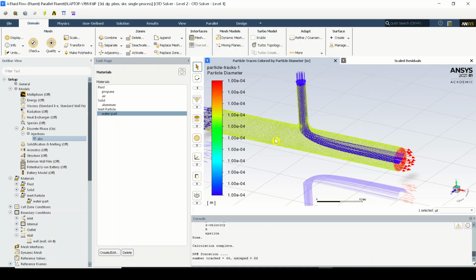That is the first option, one-way coupling. I'll just repeat it again. The momentum of this propane gas, which is the major continuous flow in the domain, will affect the momentum of the dispersed flow, right? But the dispersed flow momentum will not affect the continuous flow momentum, right?